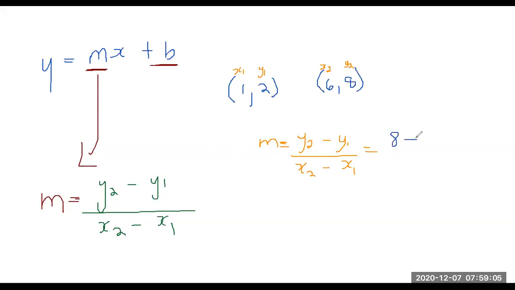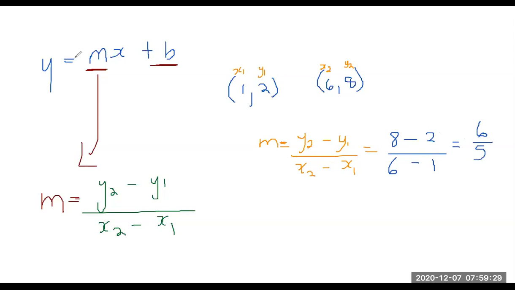Then I put minus. Then wherever y1 is, y1 is 2, so I just put 2. And then I divide that by x2 is first, so I put x2, 6, minus x1, which is 1. So my slope is 6 over 5.